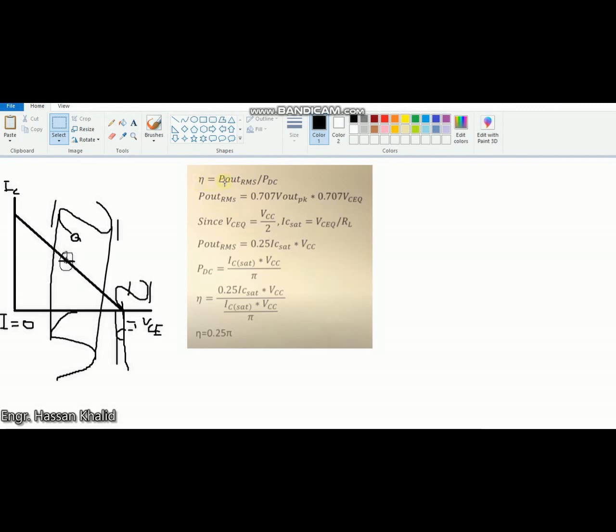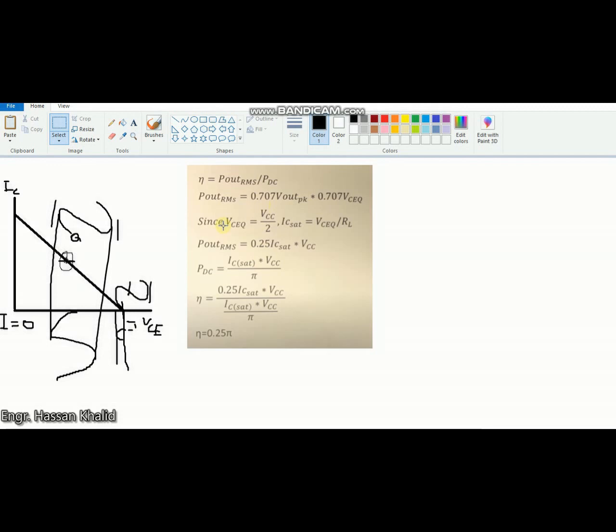Okay, since the efficiency is equal to the P out RMS divided by the PDC, where P out RMS is equal to 0.707 times the V out peak of the signal multiplied by 0.707 times the voltage between the collector and emitter at the Q point.